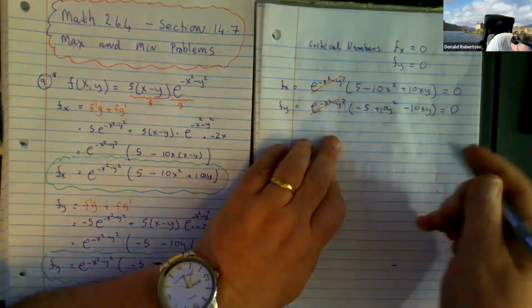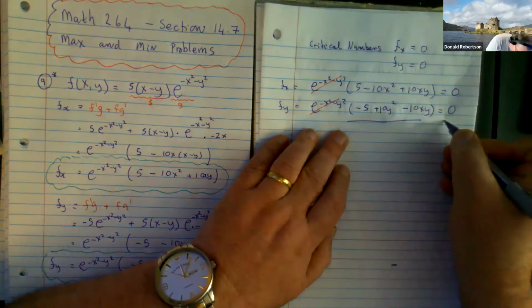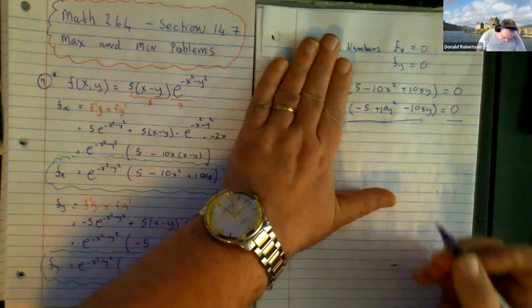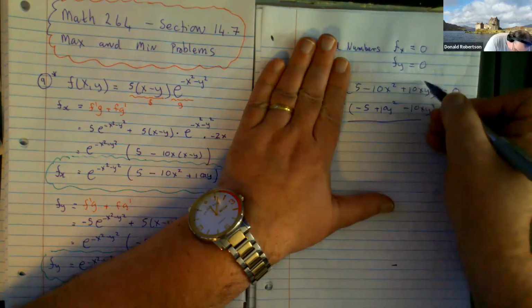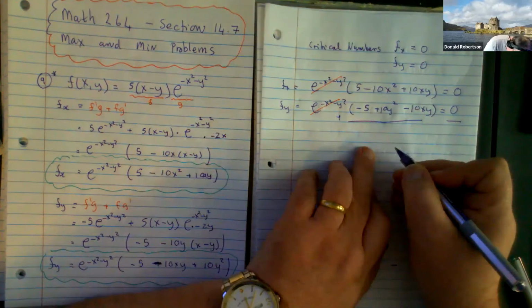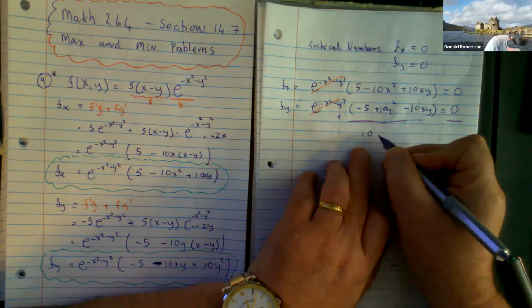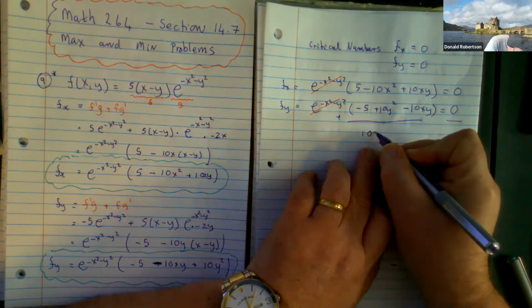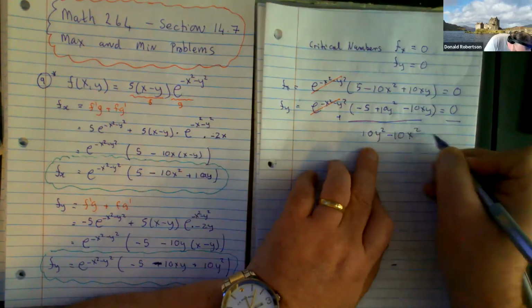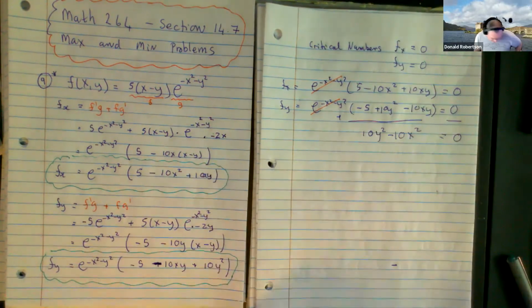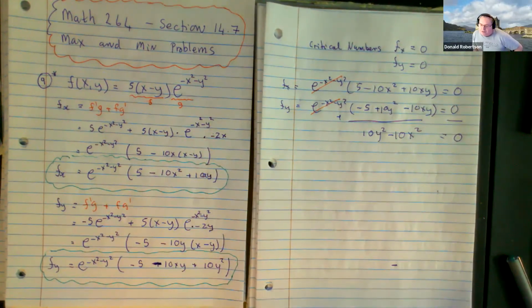And what I'm now going to do is add them. So those disappeared. You add them, you add them, you add them. And so I get 10y squared, take away 10x squared equals 0. Are you comfortable about that? Do you see the 5 and the negative 5 kill each other off?